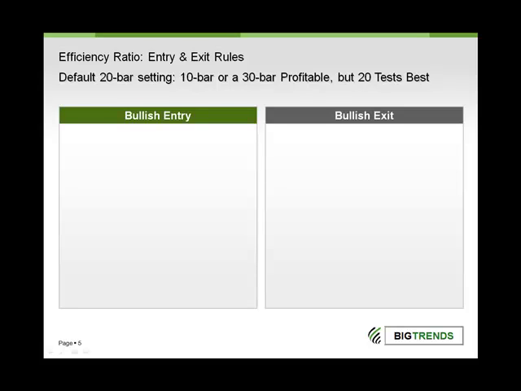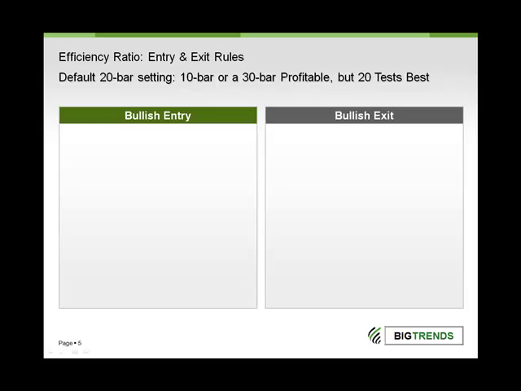We've tested all the way up to a 30 bar because, as you know, we use a 30 bar setting for our %R. And we found that both a 10 bar and a 30 bar setting can be profitable. There can be some successful uses of those, especially if you're using them more as a filter than an actual entry or exit signal.